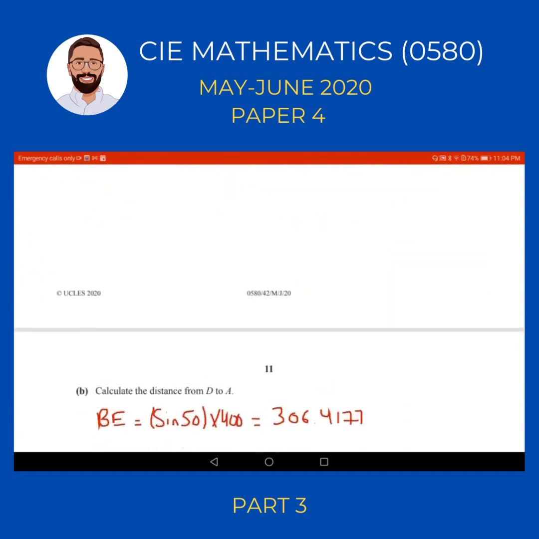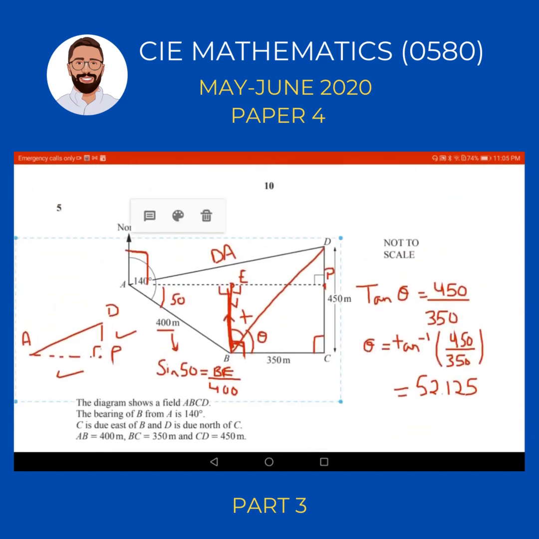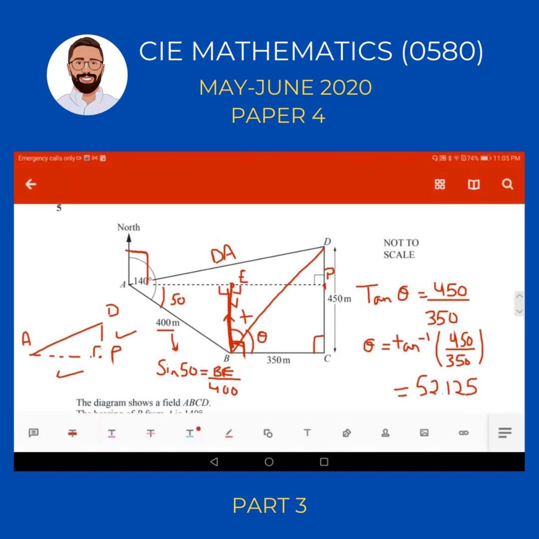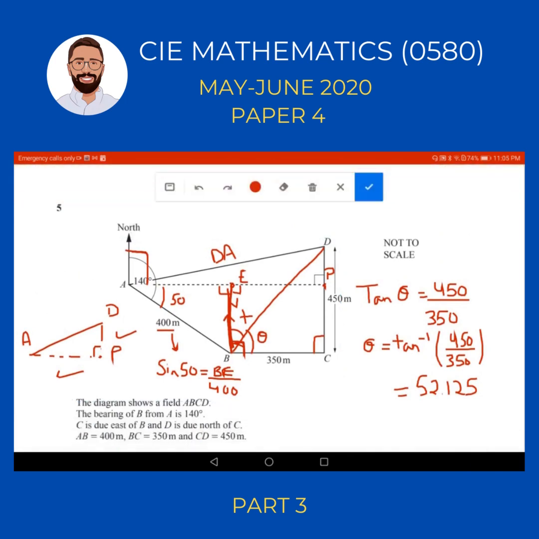Now, can I find DP? Of course, yes, because I'm given DC. So this 450 meters is the length of DC. So if I do DC minus BE, so if I do 450, which is the full length of DC, minus BE, I'm going to be left with DP.